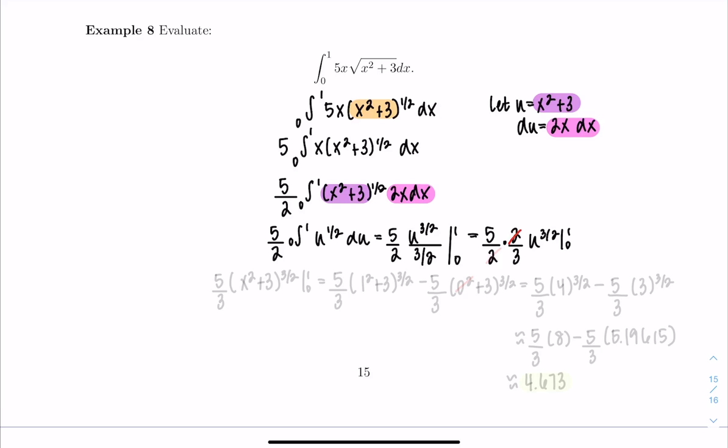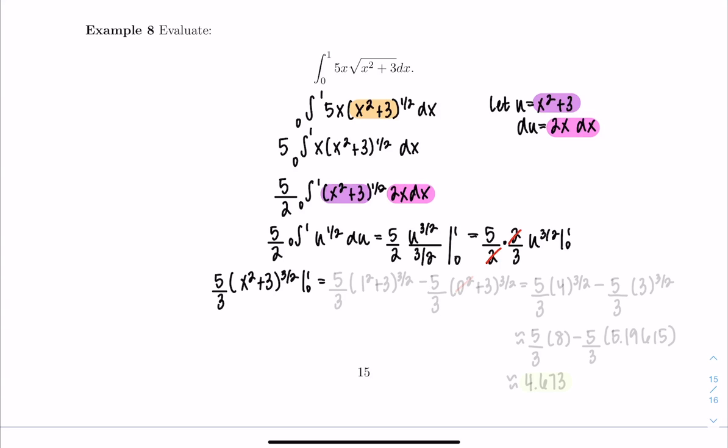Those 2's end up canceling. And we end up with 5/3. We can replace the u, and u was x squared plus 3 to the 3/2 from 0 to 1.